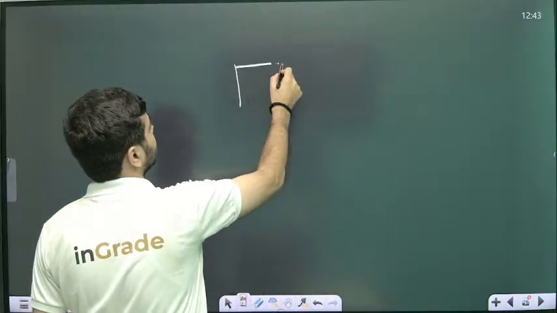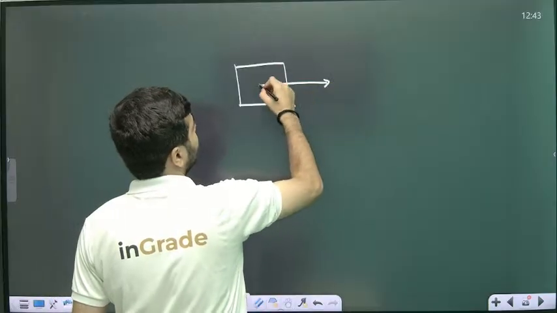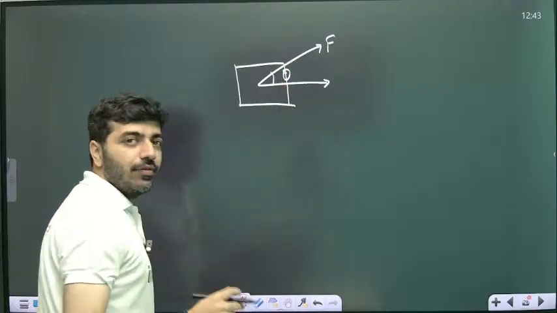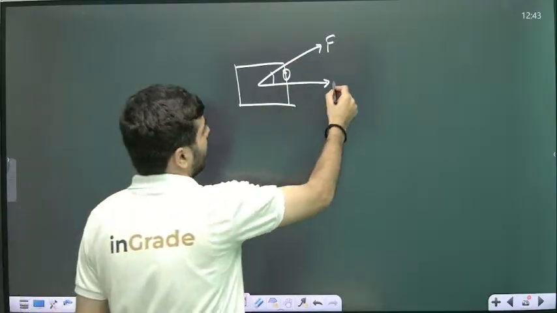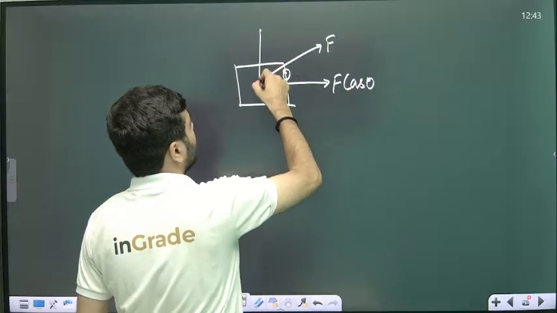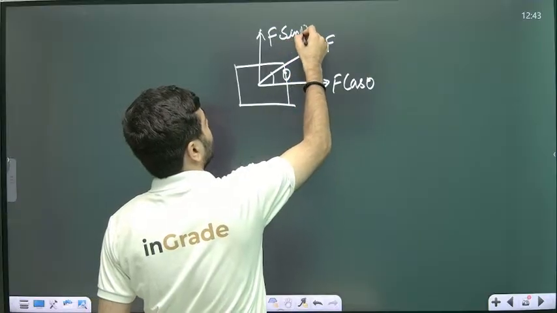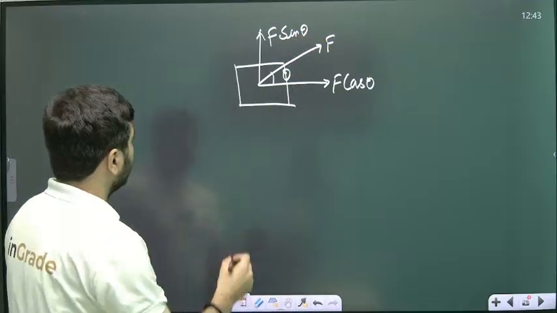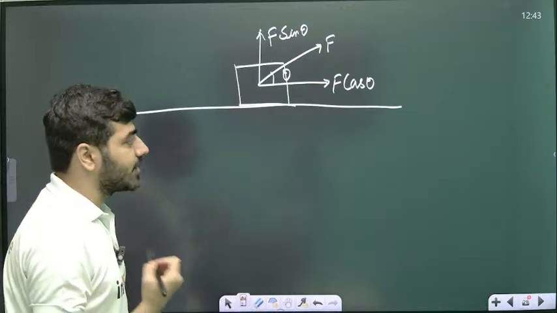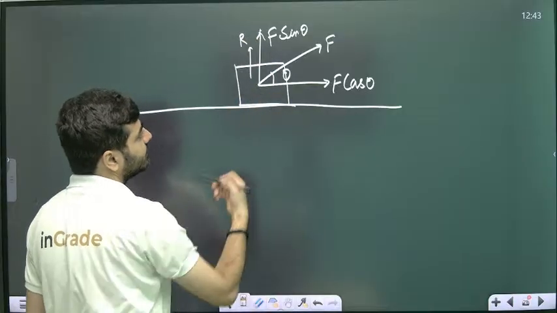This is the mass of the body. The force is acting in this direction at angle theta, so we have two components, F cos theta and F sin theta. This mass is on a floor, so we also have a reaction force, let's say R, because of that surface.